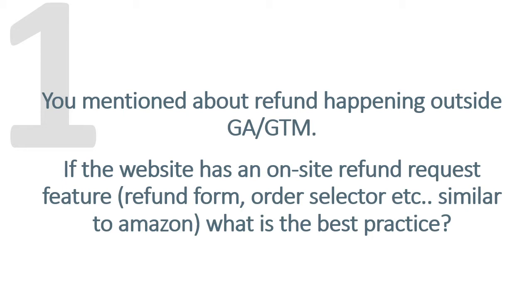Measurement Protocol, for those who don't know, is basically an API that allows you to send hits directly to Google Analytics from basically anywhere: from your website, from your app, from a point of sale, whatever.